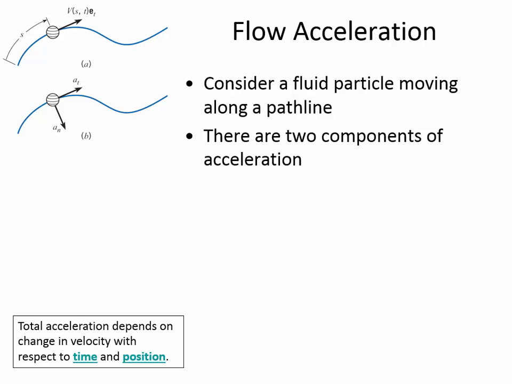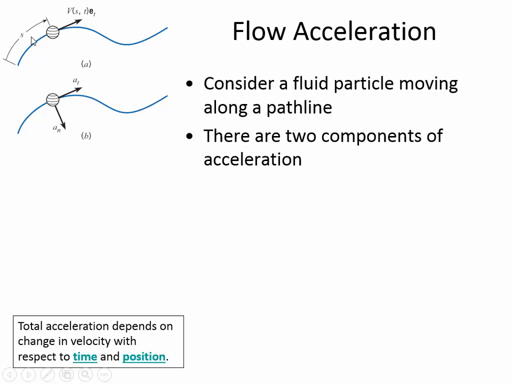We're going to be talking about the movement of fluids, and a big part of why we do that is just because in civil engineering applications, most of the time the fluids are moving. So we're going to consider two different types of acceleration. And this diagram is showing that we can look at the velocity of a fluid particle as it moves in the s direction.